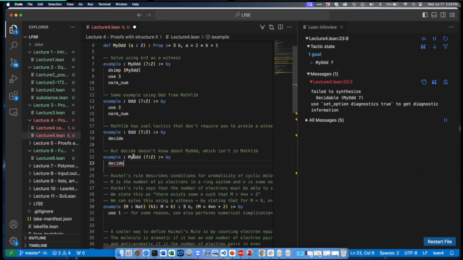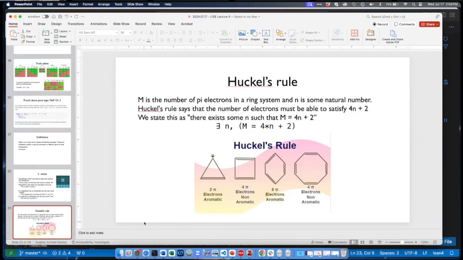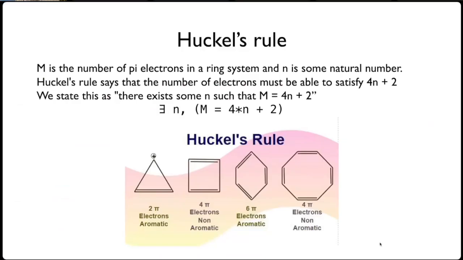Okay. So we have a chemistry example. Huckel's rule. In cyclic molecules, in a ring system, the number of extra lines you see, if you don't know chemistry, these are double bonds, and double bonds have pi electrons.